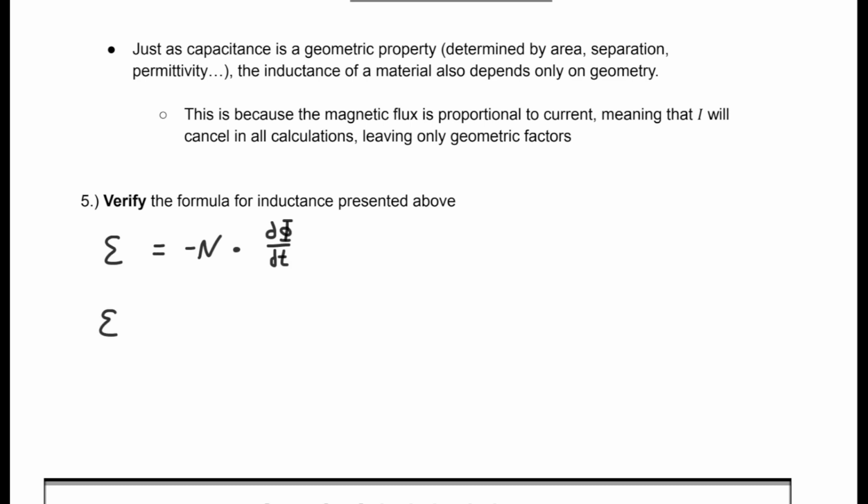But we also said that if it's an inductor, we define the induced EMF as a proportionality constant, L, times the rate that the current is changing. Since these both represent induced EMF, we must set them equal to each other. So we get negative N times the rate of flux change has to be equal to negative L times the rate of current change.